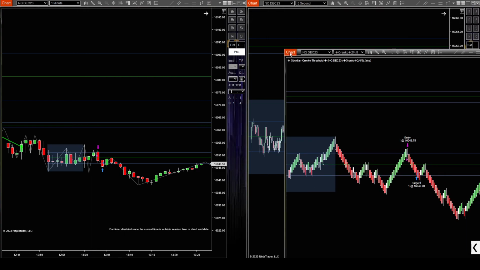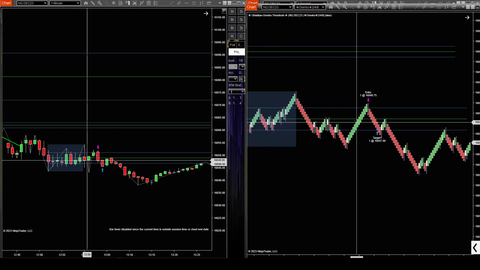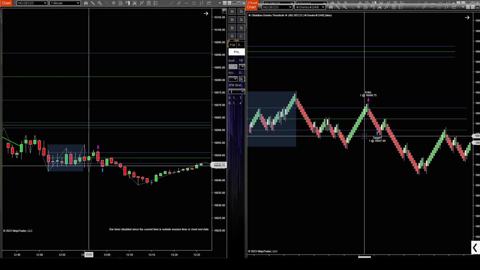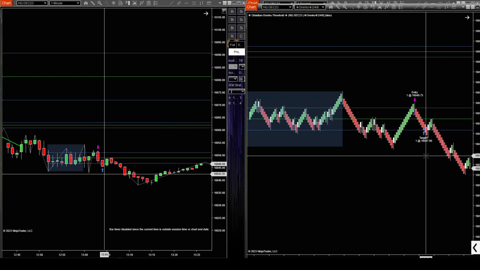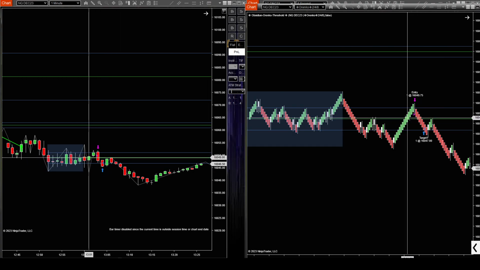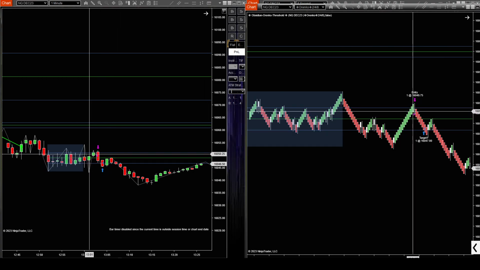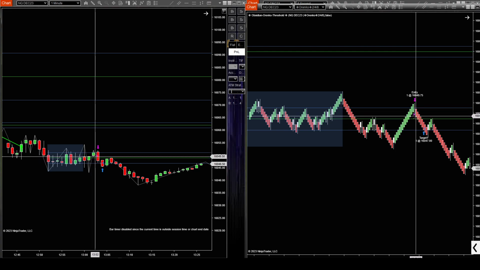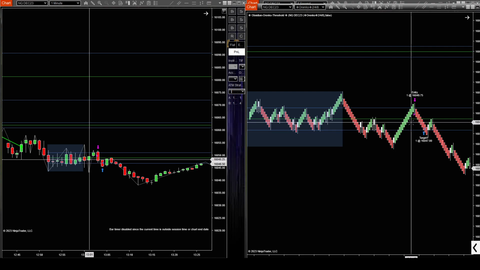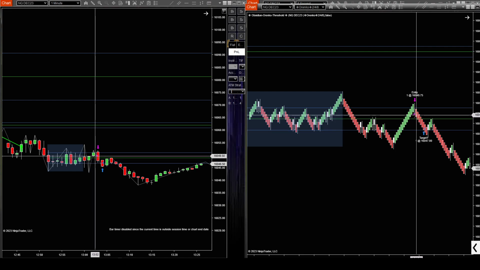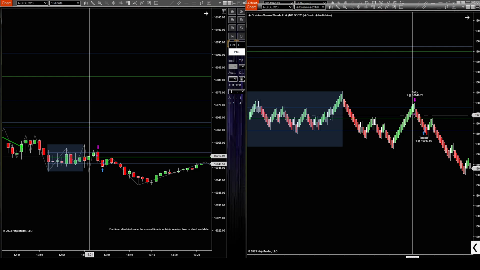What I did here was I sold right when I saw the first reversal bar in a Renko. With Renkos, you have what's called the threshold. For price to get a reversal bar, it has to go a certain distance in the opposite direction. So what I do is I just trail a sell stop limit right along that threshold.